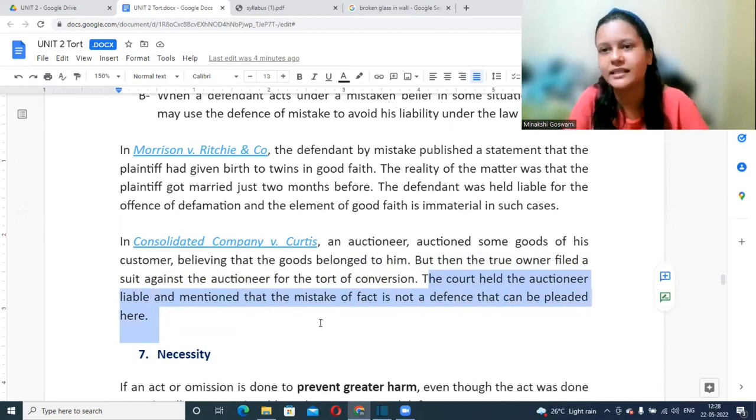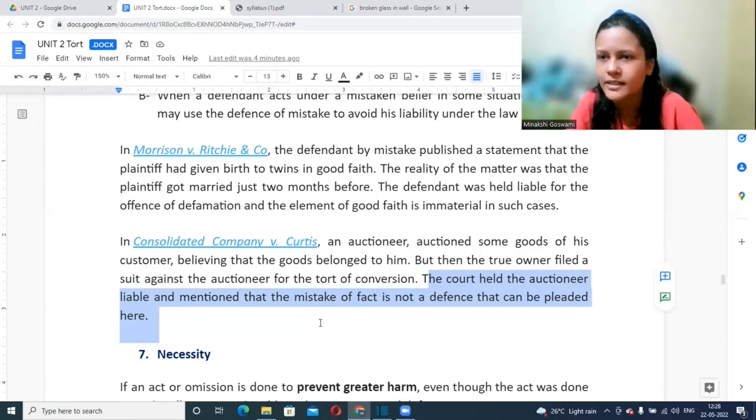If you are conducting an auction, it should not happen that you are simply taking the goods. You need to also verify whether actually these goods belong to the person or not, right? Some documents, some bills, receipts, you need to check that also. So if you are not doing it, as in you are being very sort of negligent, right? You simply believe, they simply do it.